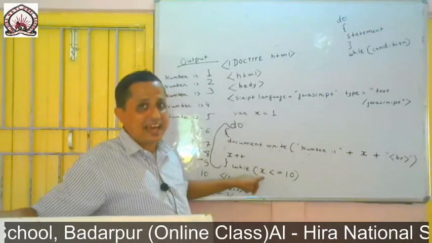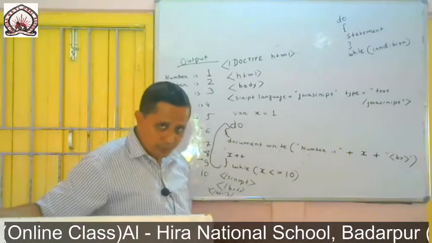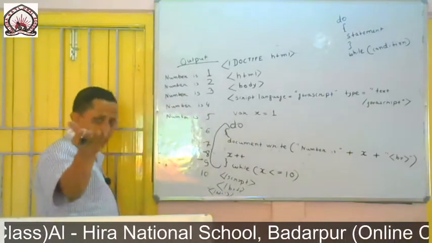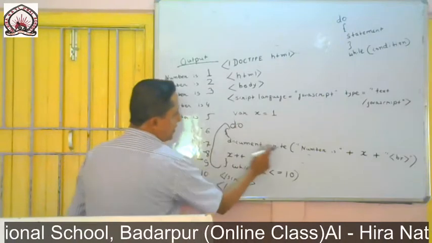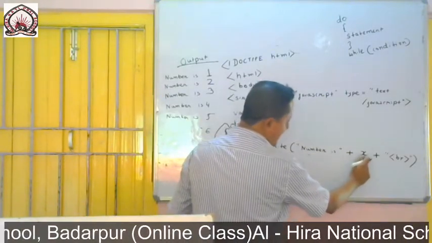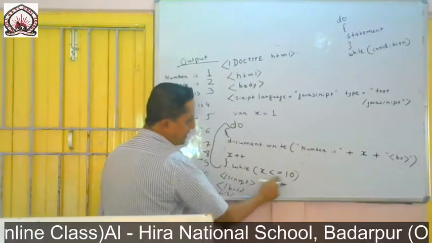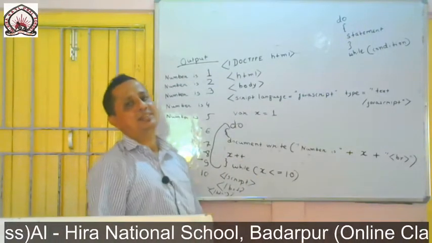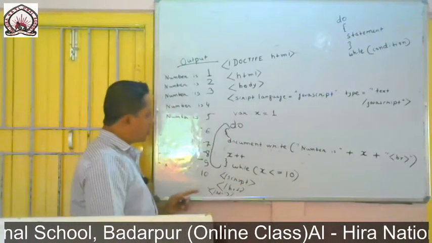Now it will check whether 3 is less than equal to 10. So it is true. 3 is obviously less than 10. So it will go here, number is 3. It will become 4. Now 4 is less than equal to 10. Definitely 4 is less than 10. Yes, it is true.